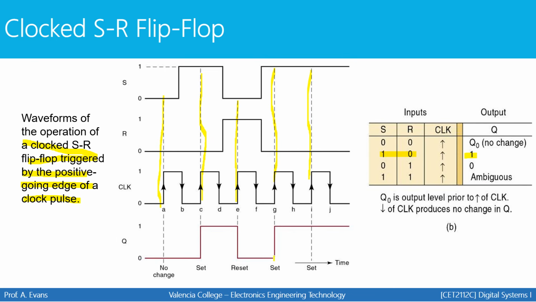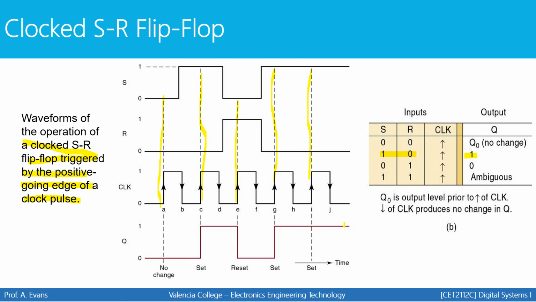It stays low until the next positive transition right here. With this transition, S is high while R is low. Again, that's the set state, so the flip-flop becomes set. Then it continues to stay in the set state.